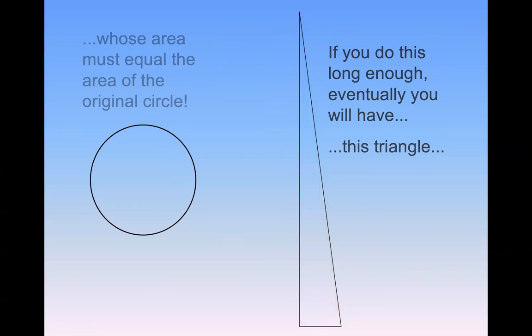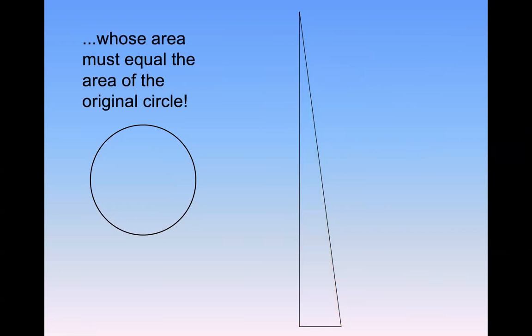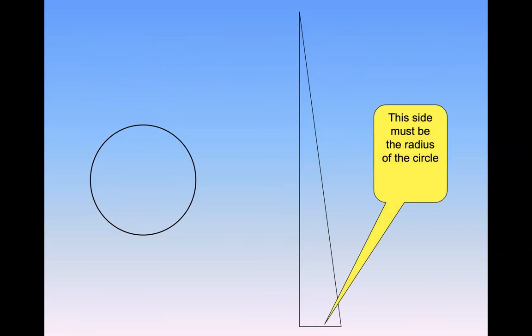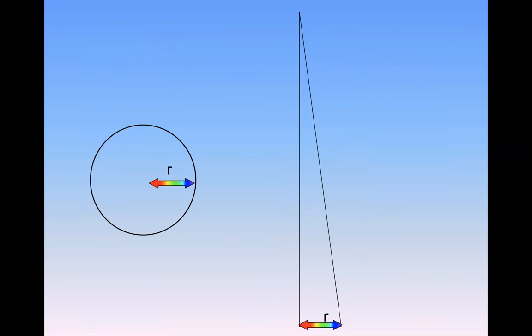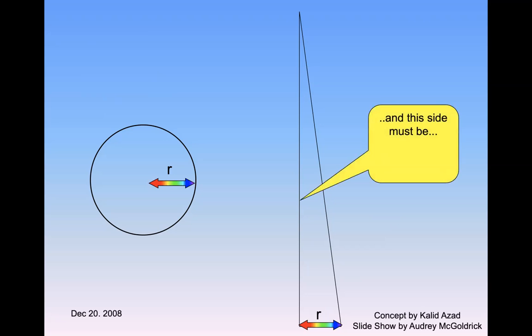So we can simply find the area of this triangle. This side is going to be the radius of the circle, and this side is going to be the circumference, 2 pi r.